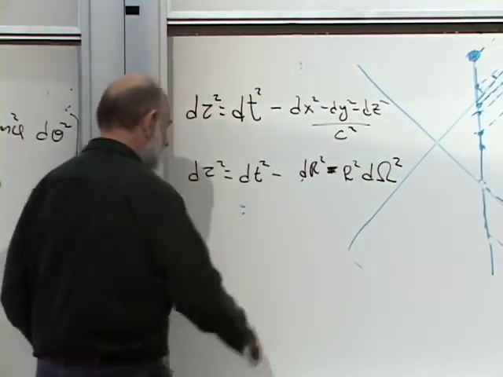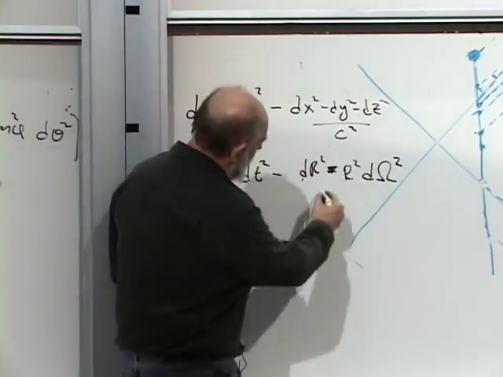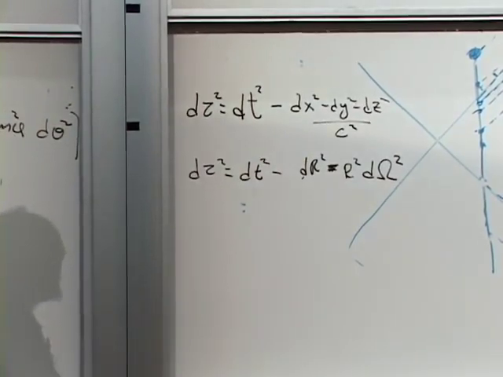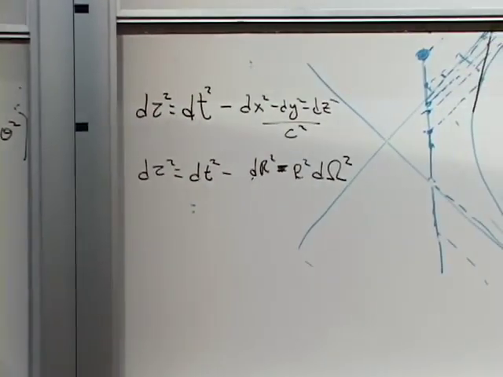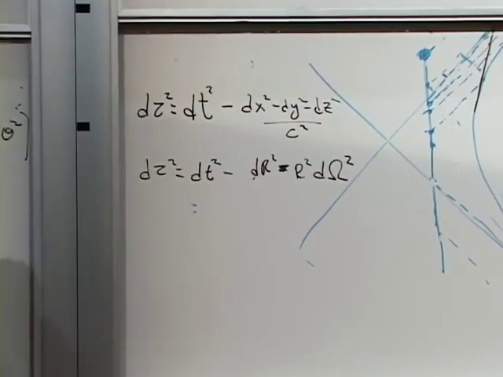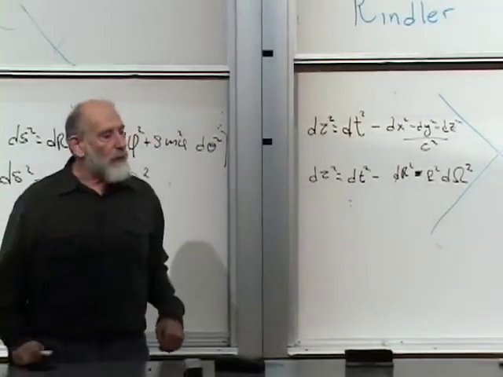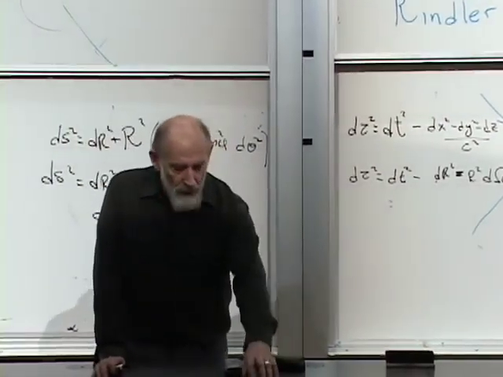If I wanted to put the speeds of light in, they would go in the denominator. That's the metric of absolutely flat space-time, just using spherical polar coordinates.